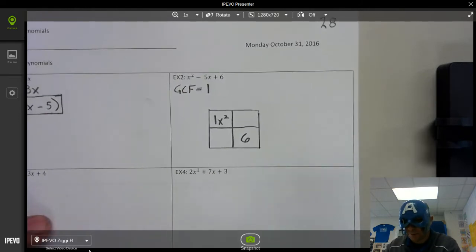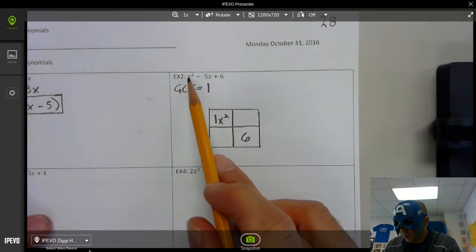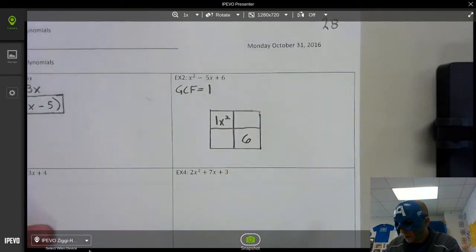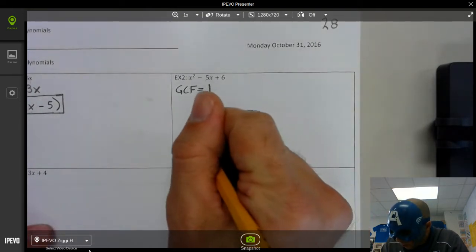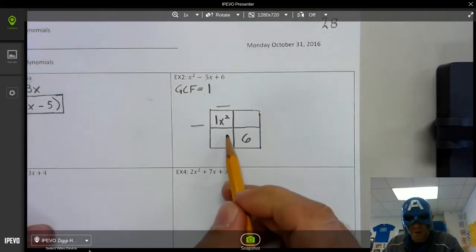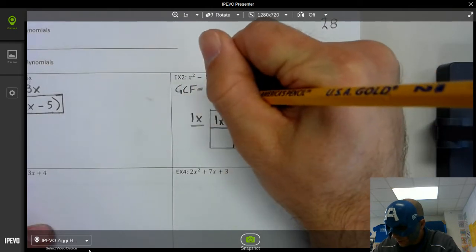The reason the greatest common factor is 1 is because the only number we can divide or factor out of each of these is 1. Now we're looking for what term multiplies to give you 1x squared, and the only option is 1x times 1x.